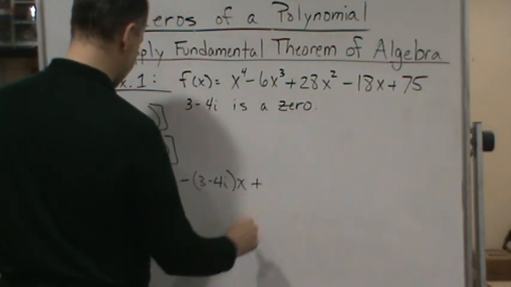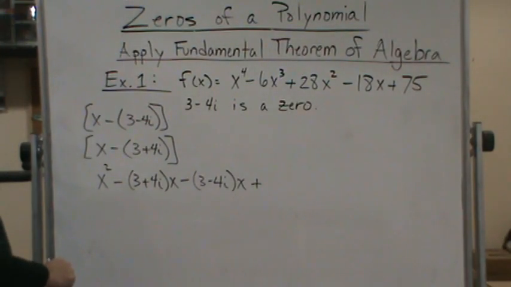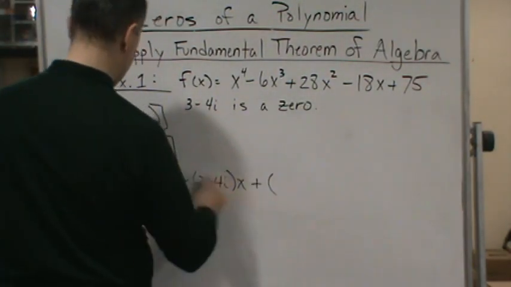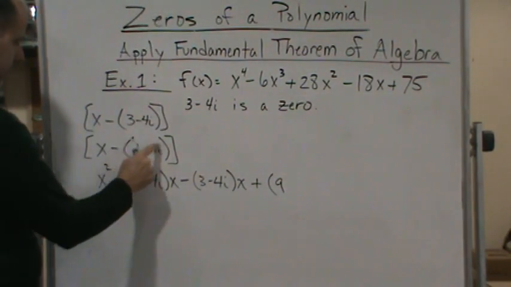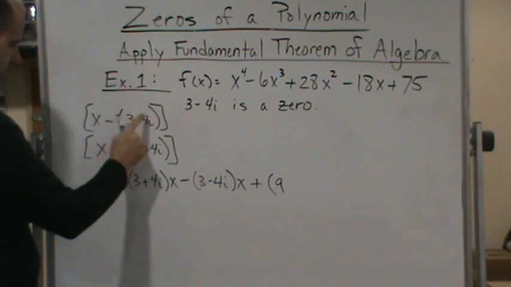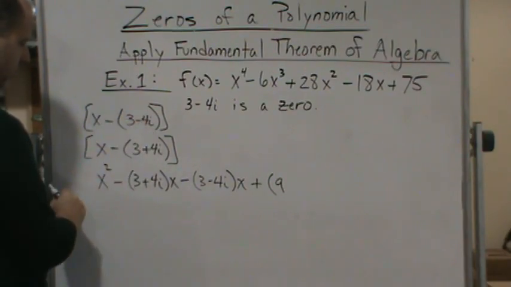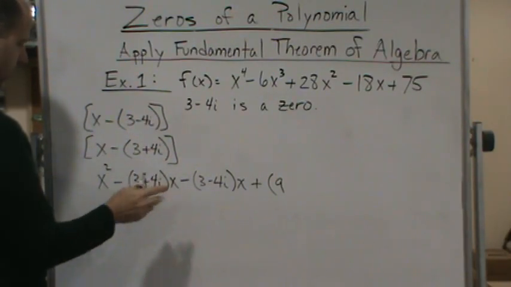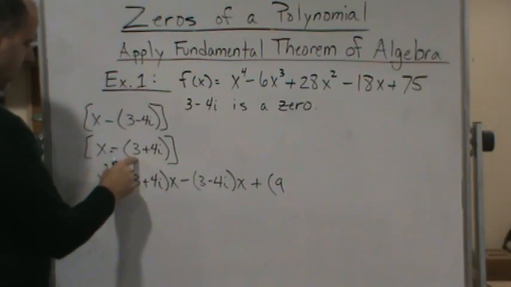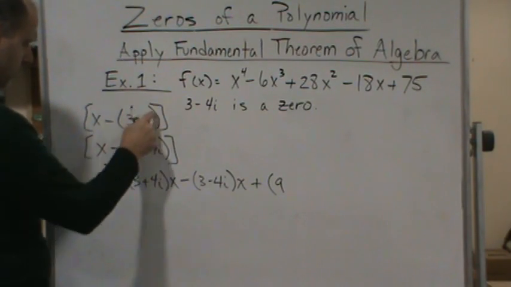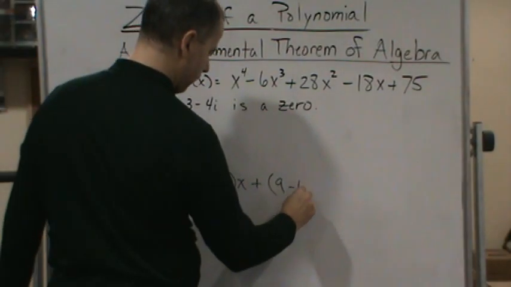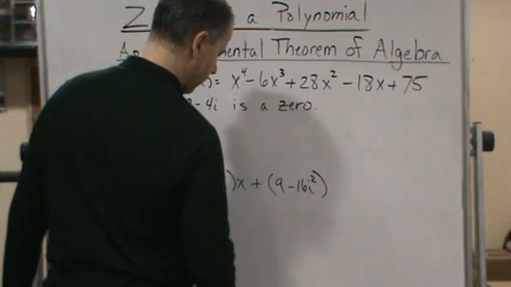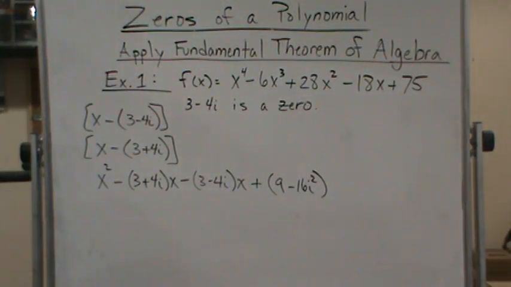It's going to give us plus 9, and then when we multiply these two terms together, we're going to use the FOIL method, or the distributive property, just like before. So this is going to give us 9, and since we have plus and minus here, the middle terms are going to cancel out, and we end up with minus 16i squared. Okay, so now what I'm going to do is simplify this.